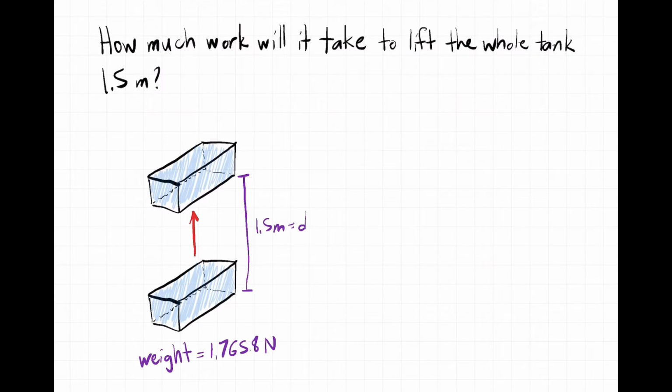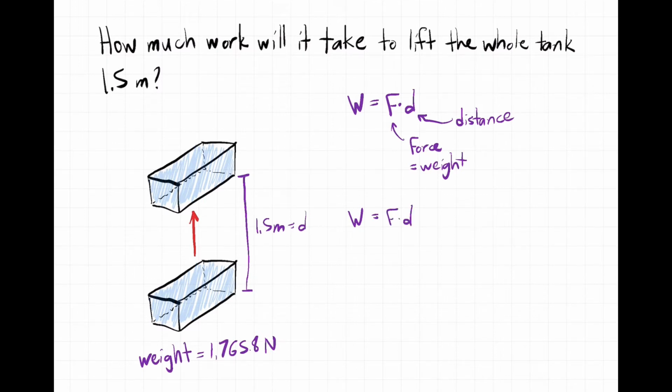How much work does it take? Well, work can be determined by taking the force times the distance. This is force, which is the weight in this case, and d is the distance traveled, or the distance along which that force is applied. Okay, so our work is force times distance.